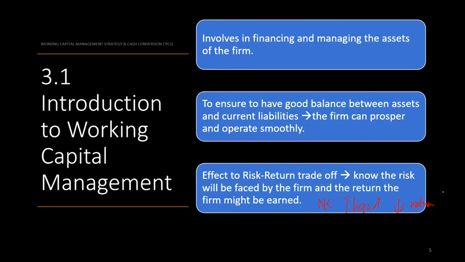Sebab short term fund have lower rate of interest than long term, over shorter time period. However, firms' risk of insolvency is higher, as short term have to be repaid earlier and more frequently than long-term funds. So itulah efek dia. Kalau firms ada high net current asset, dia akan jadi lebih liquid tapi low profitability. Dan kalau lower, vice versa lah.